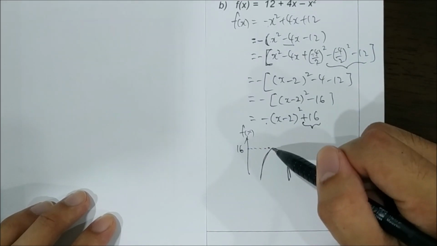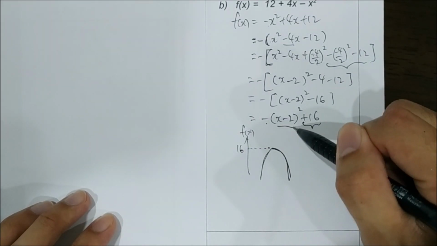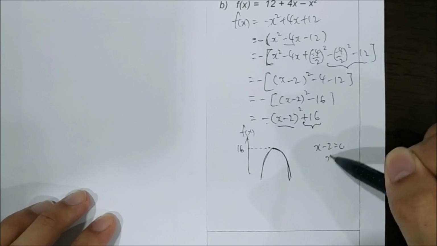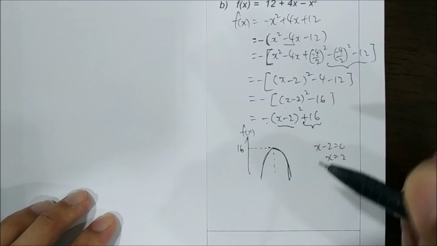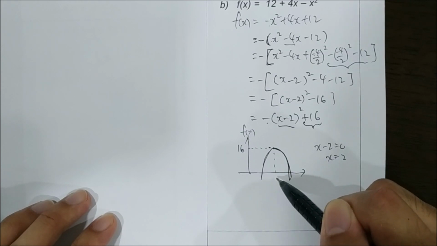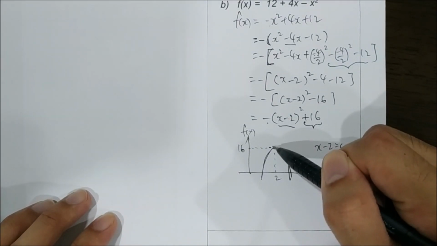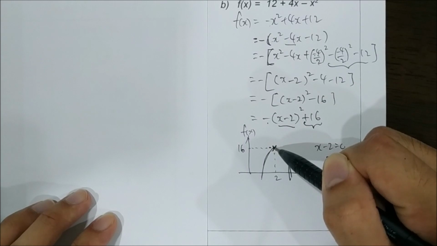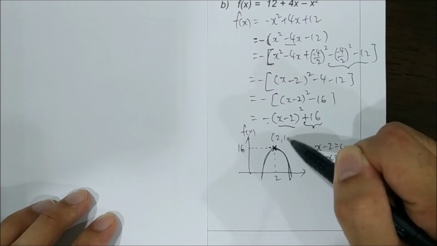And this happens when this is 0. So x minus 2 equals 0, x equals 2. So this happens when x equals 2. So the maximum point here has a coordinate of (2, 16).